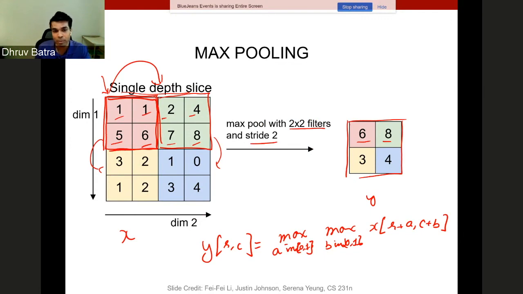Now, if you remember, there was a question earlier in the class about whether we can have overlap in the stride of these max pooling filters. And yes, you can. Typically, you do not have overlap in these filters. Typically, you define the stride equal to the filter length so that you are doing exact reduction in spatial dimensions. But if you wanted to do a partial reduction by some factor, it's fine to have overlap.